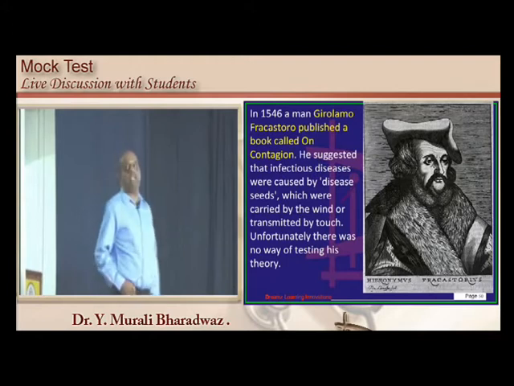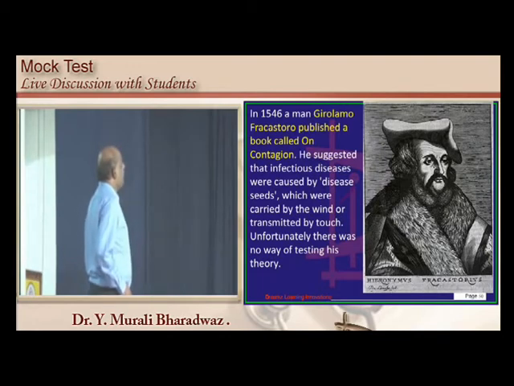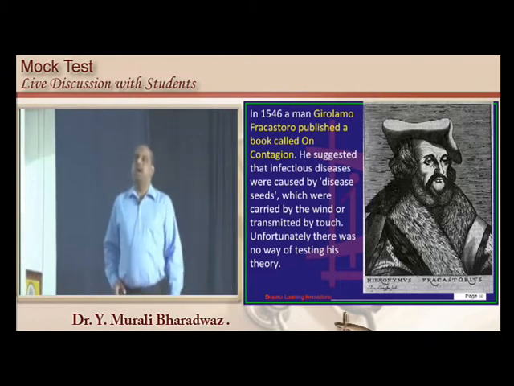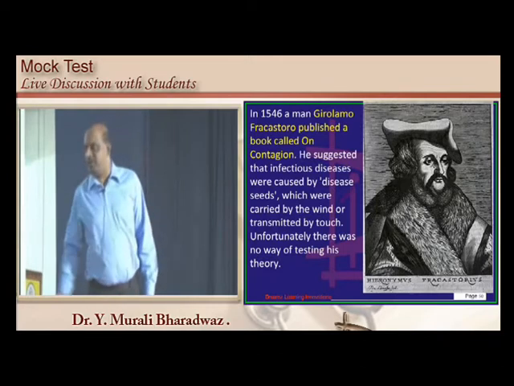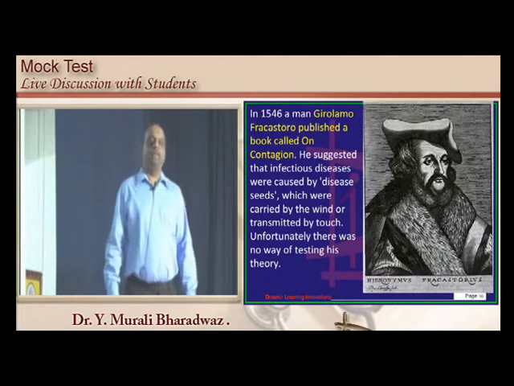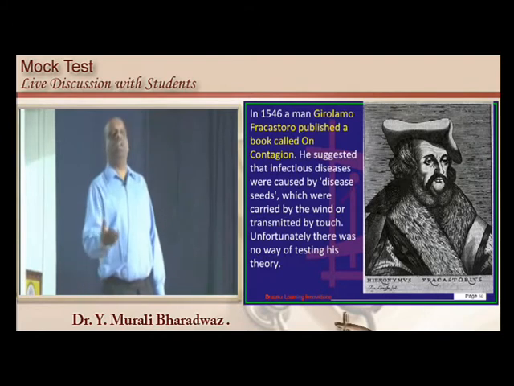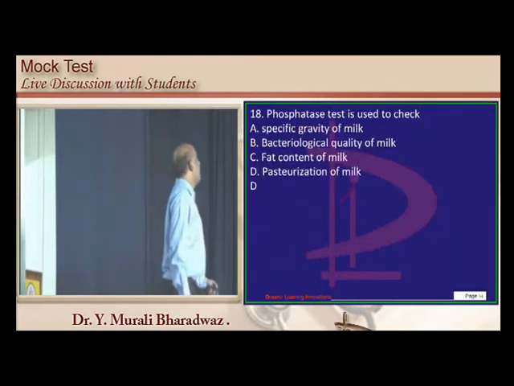I think Vesalius was in the key which was originally given, but Girolamo Fracastoro is the one who said that infections are transmitted by disease seeds which are carried by the wind. 1546 means not very far. 450 years back, people were all thinking like fools that it is the seeds of wind, witchcraft, etc. Imagine another 200 years later, maybe the knowledge will be totally different, if at all the human race exists.